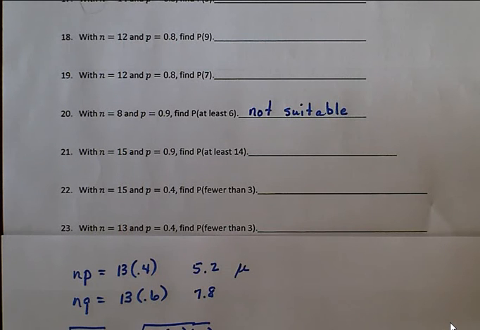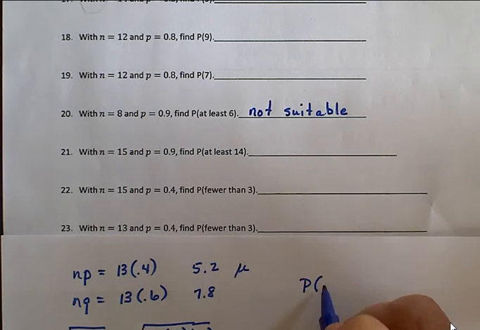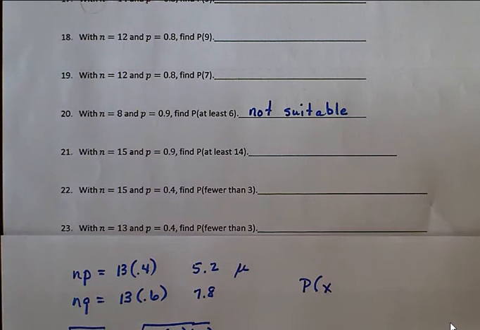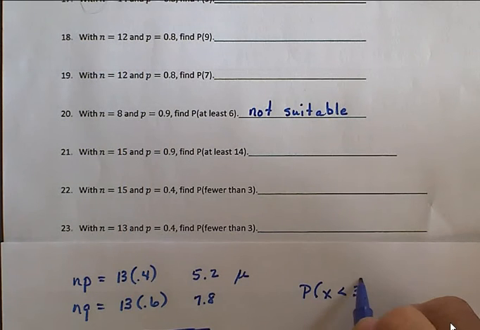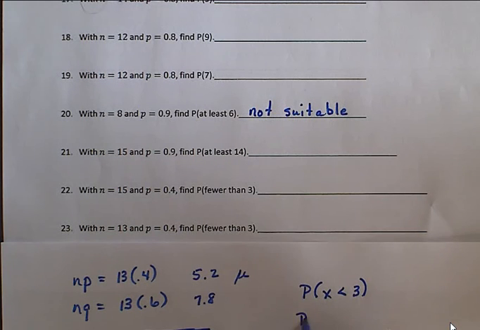So we're trying to find the probability that x is fewer than 3, okay? Fewer than 3. So that's less than 3, where the 3 is not going to be included. So with no equal sign, remember that we go in the direction of the shading, which will change that to 2.5.